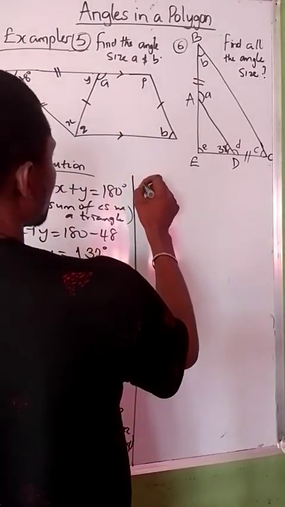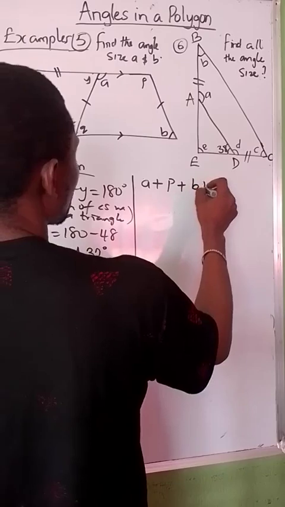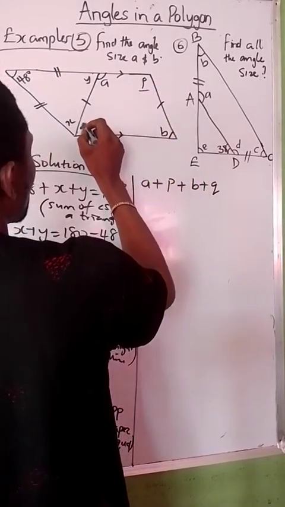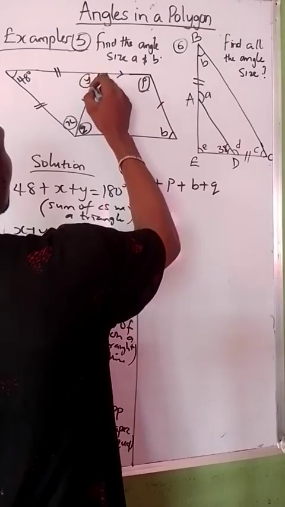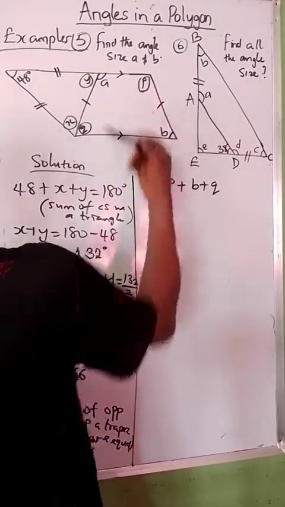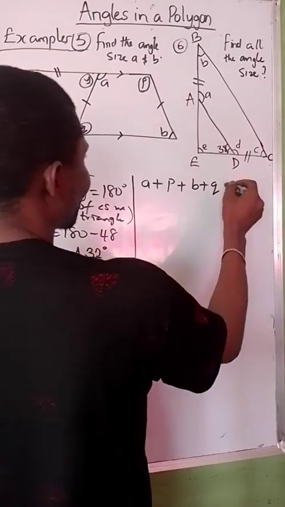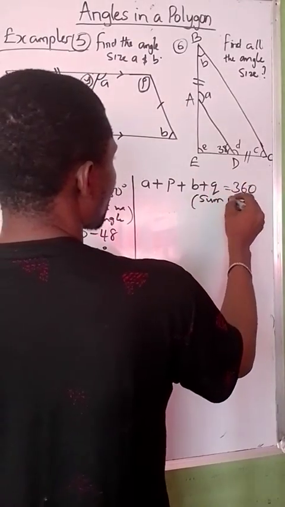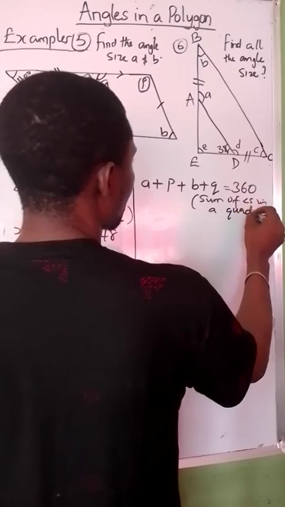So we know that A plus P plus B plus Q equals 360, the reason being the sum of angles in a quadrilateral.